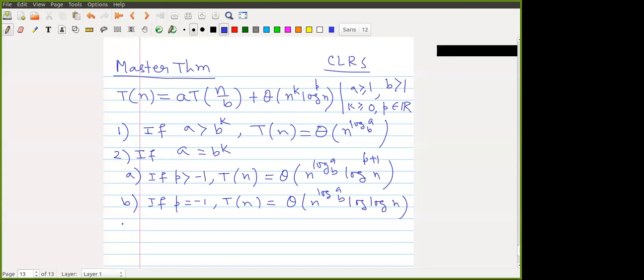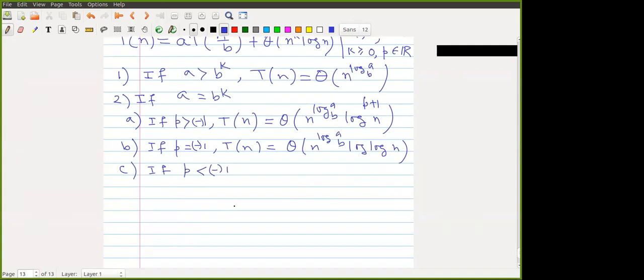And when p is less than -1, T(n) is theta of n to the power log a base b.